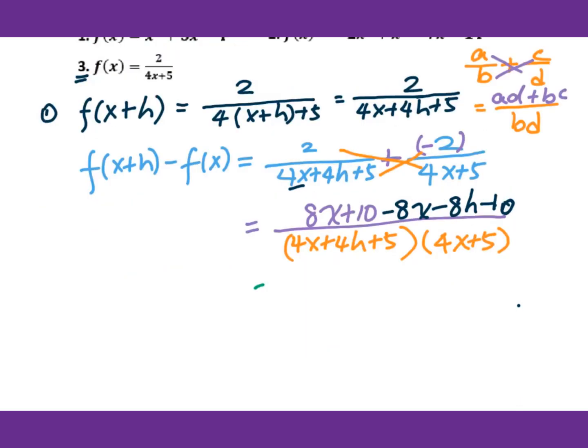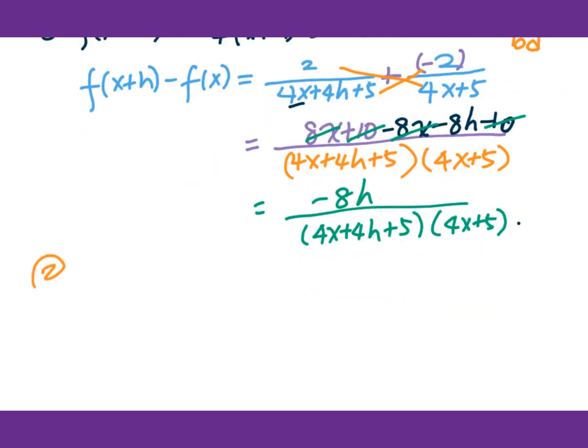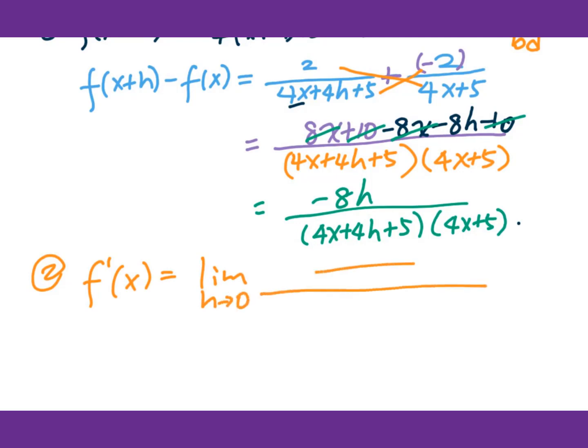Then we combine like terms on the top. You will get the negative 8h left, over (4x + 4h + 5)(4x + 5). Second step, I go to that formula, limit as h approaches 0 of negative 8h over (4x + 4h + 5)(4x + 5) over h.